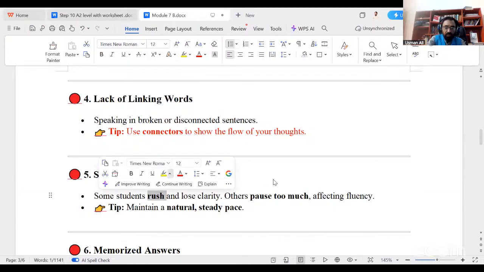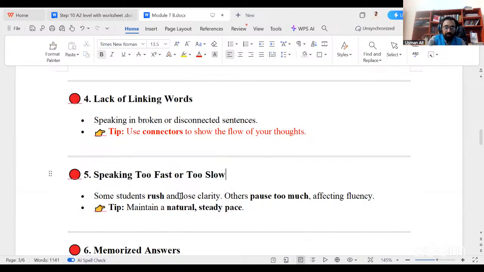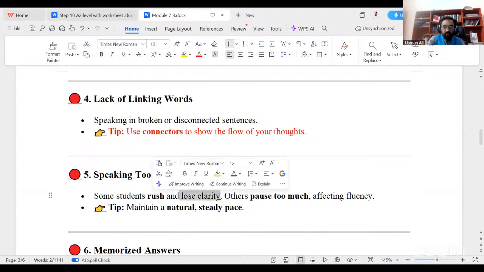And if you are rushing, if you are speaking very fast, you will lose clarity. You must be clear, and clarity is more important than speaking very fast. If you are speaking very fast, you can lose your marks.